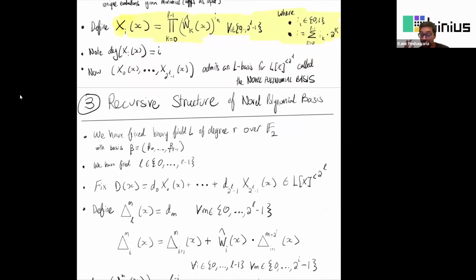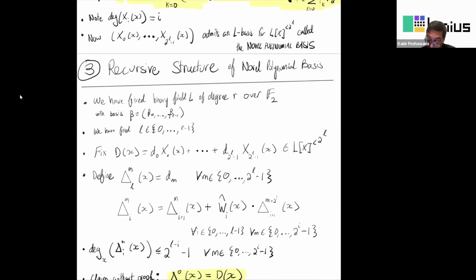So now we're going to talk about the recursive structure of this novel polynomial basis that we had just defined in the previous section. Once again, we have fixed a binary field L with degree R over F2 with the following basis. We fixed some parameter little l in the range 0 to R minus 1 inclusive.